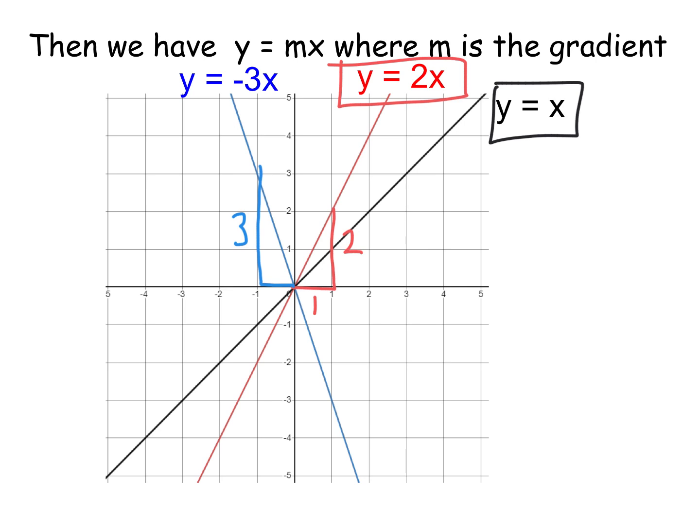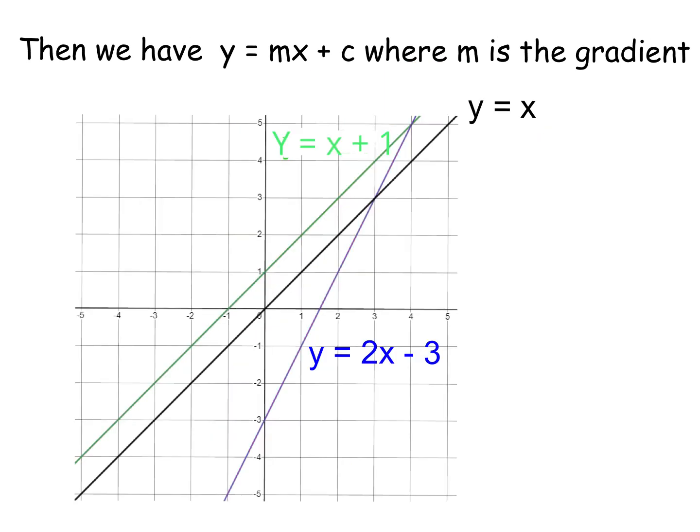The final thing is we've got the line y equals x in black here, but this time in green I have the line y equals x plus 1. Can you see that every coordinate on this line is just 1 above the previous? So I've taken the y equals x line and I've shifted everything up 1. Also worth noticing, it goes through the number 1 on your y-axis.